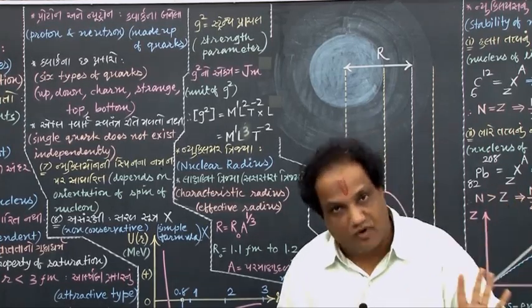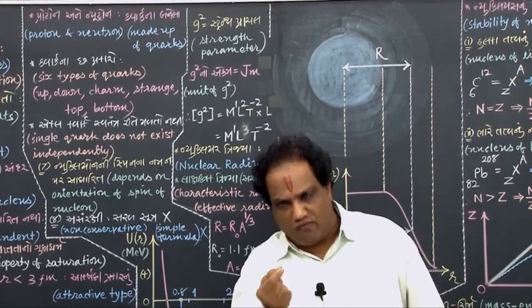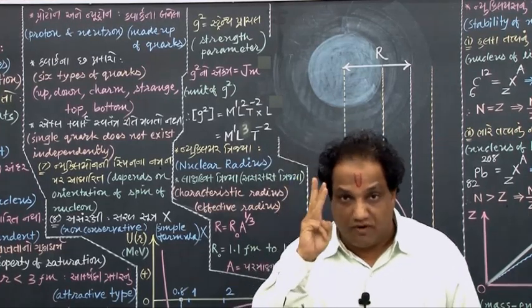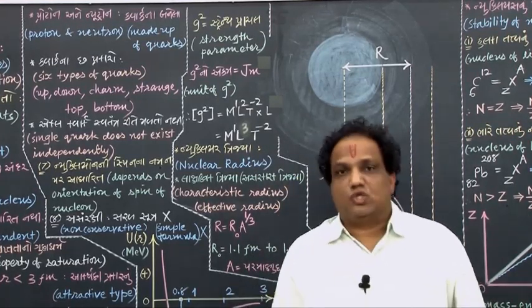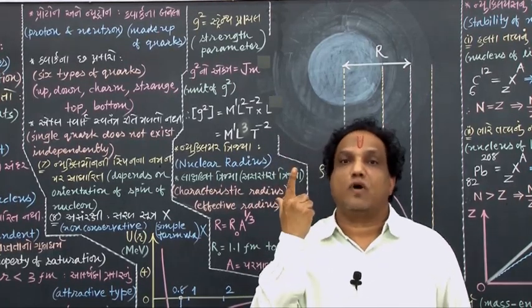There are 6 types of quarks, correct? And whenever we have found quarks, they have always been combined in a group of minimum 3 quarks. So far we haven't got the independent existence of a single quark.